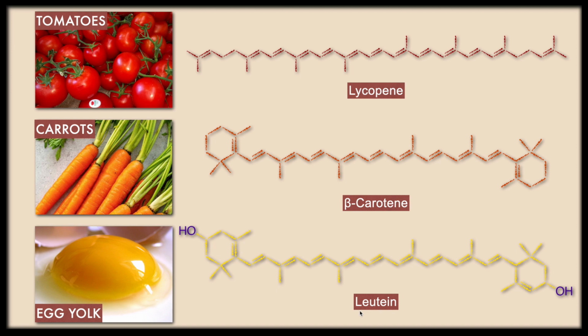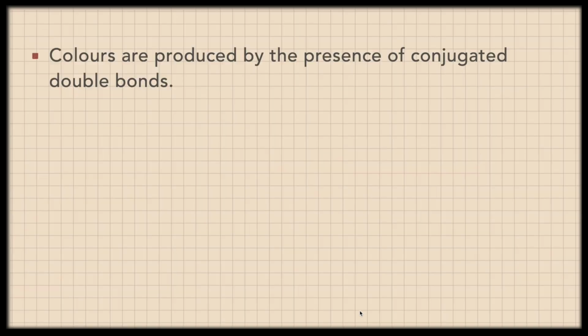If you still remember about the Witt theory, as per Witt theory, colors are caused by the presence of unsaturated system in a molecule. So for example, now let's go back to one important thing. Colors are produced by the presence of conjugated double bonds.